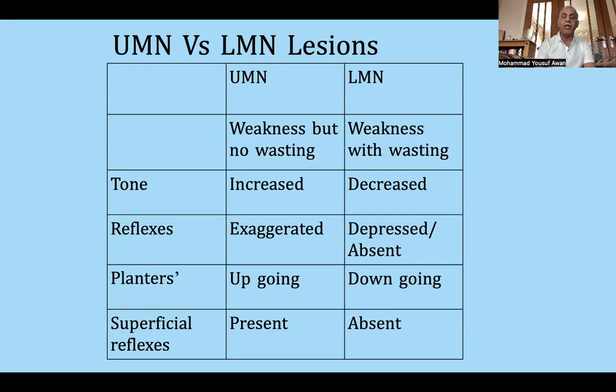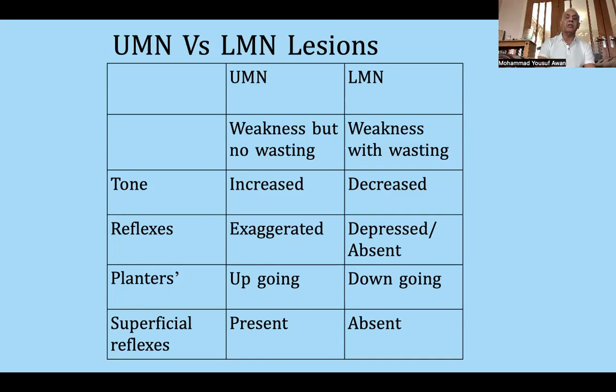If these findings are present, it is an upper motor neuron lesion, and the lesion is from the cerebral cortex, the precentral gyrus, throughout the pyramidal tract, the lateral and anterior corticospinal tract, anywhere through those.